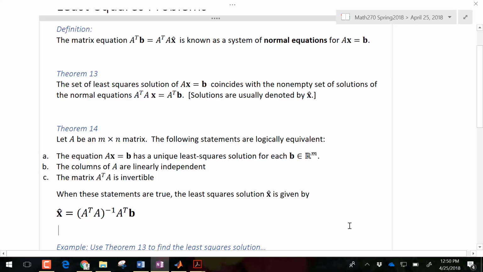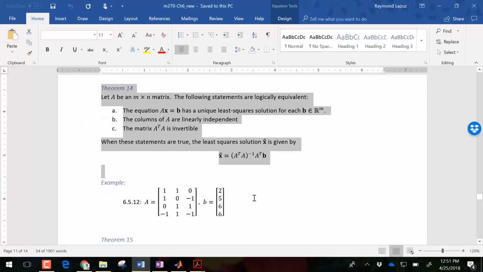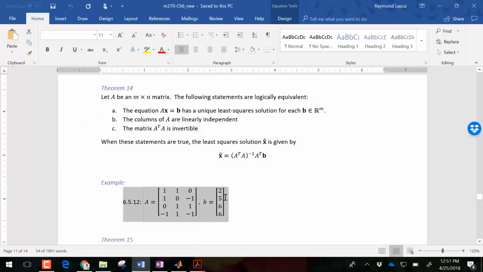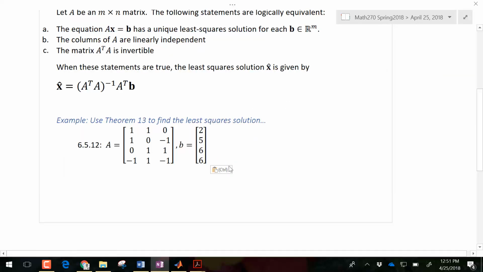I think we did this example already. Let's see if we can find another example. So let's do this example. We have A is a 4 by 3 matrix, and B is a vector living in R4.